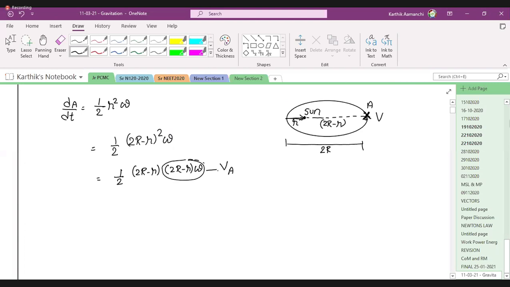Yes, sir. r omega is your velocity, yes? So from this, half (2r minus r) into VA will be equal to your areal velocity. Areal velocity is AB, right? Yes, sir. So from this, velocity of A is 2 times the areal velocity of A divided by (2r minus r).